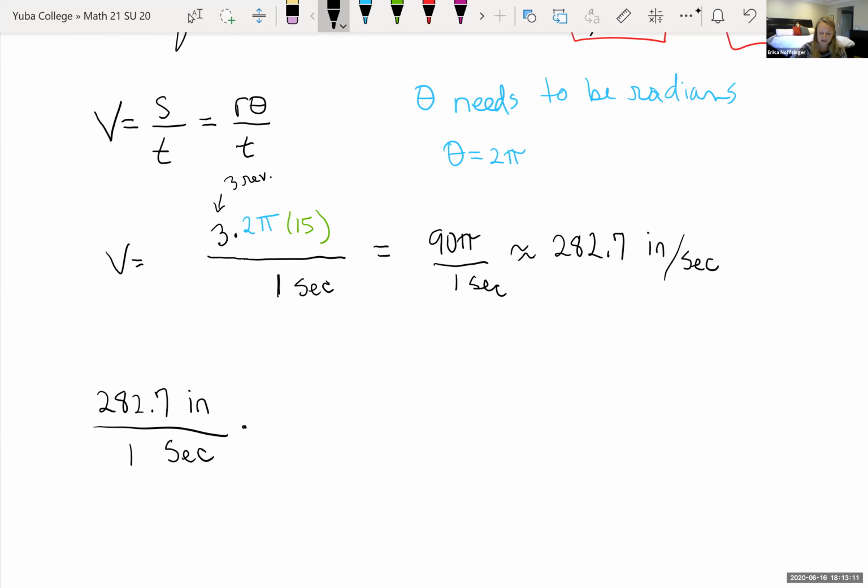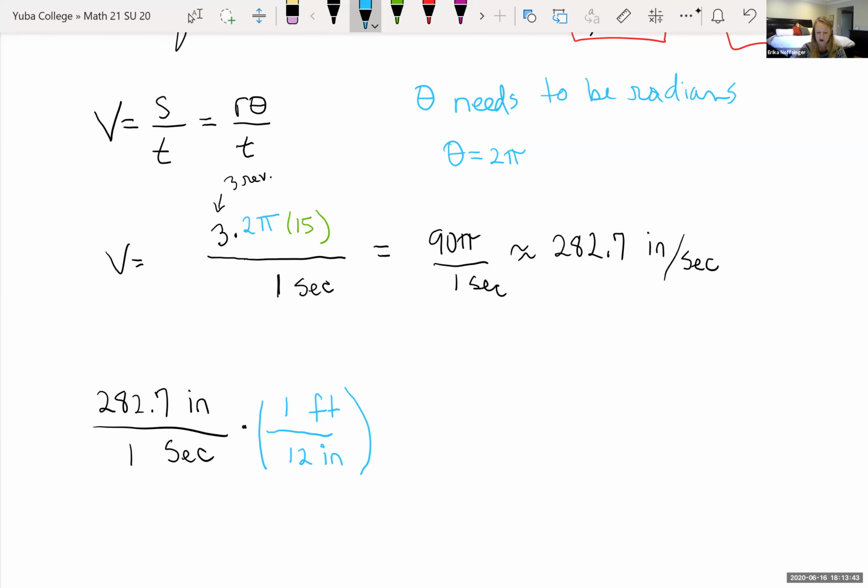So let's first convert inches to miles. Let's first think about inches and feet. I know inches need to be in the denominator so it can cancel out in here. So I know that 12 inches is equal to 1 foot. So I can put 1 foot divided by 12 inches.